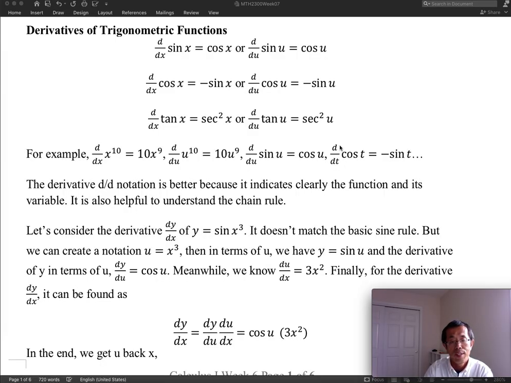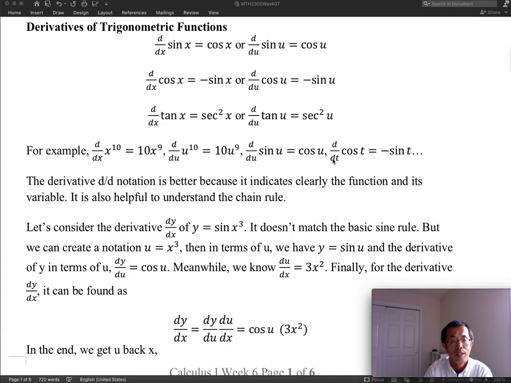I'm saying this is the d/d notation. It is longer and it takes more space, but anyway, it makes more sense. It tells two things clearly: the function we are having and the variable we are talking about. The d/d notation is better because it indicates clearly the function and the variable.